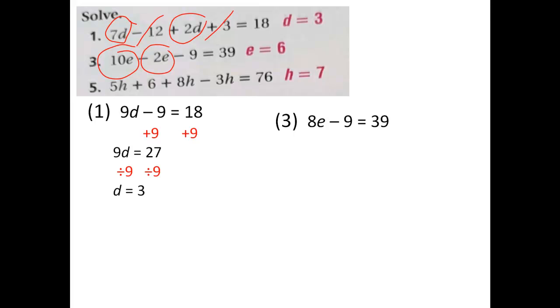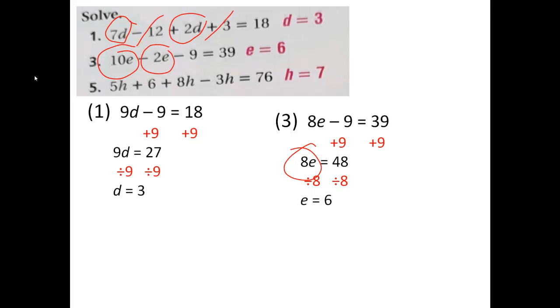First, we will add 9 to both sides. Okay, so the result will be 8e equals 48, which is 39 plus 9. Then, the second step, we will divide by 8, because here the 8 multiplies with e, so we will divide by 8 on both sides. So, only e will equal 6.